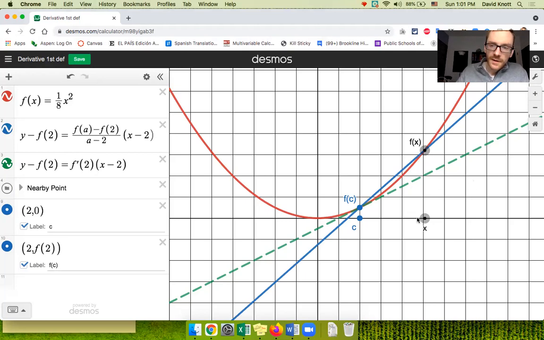These 2 lines are quite different. But if I take this point x, this nearby point, and I drag it closer to c, watch what happens to the blue line as I do that. So I'm going to click and drag the point x to the left. I'm going to bring it closer to c, and just pay attention to the blue line as I do that.